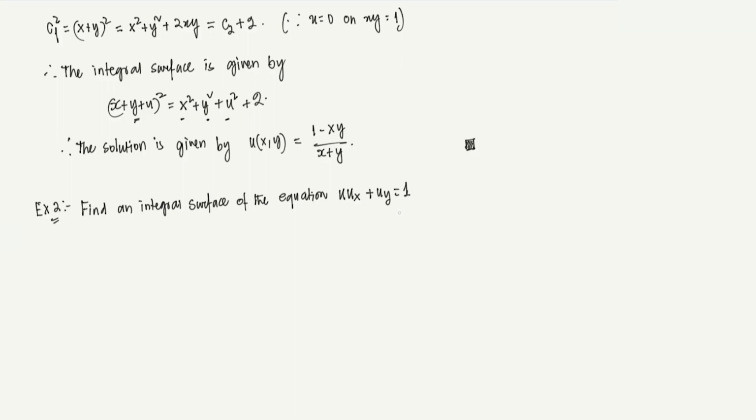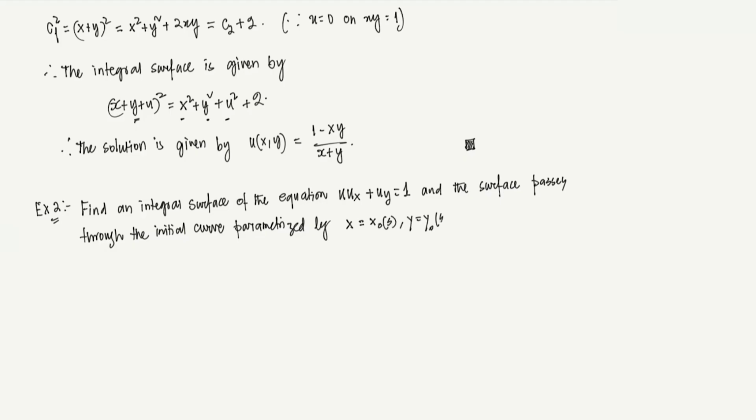This is the equation which the surface satisfies, and it is also given that the surface passes through the initial curve, which is parametrized by x equals x0(s), y equals y0(s), and z equals z0(s).